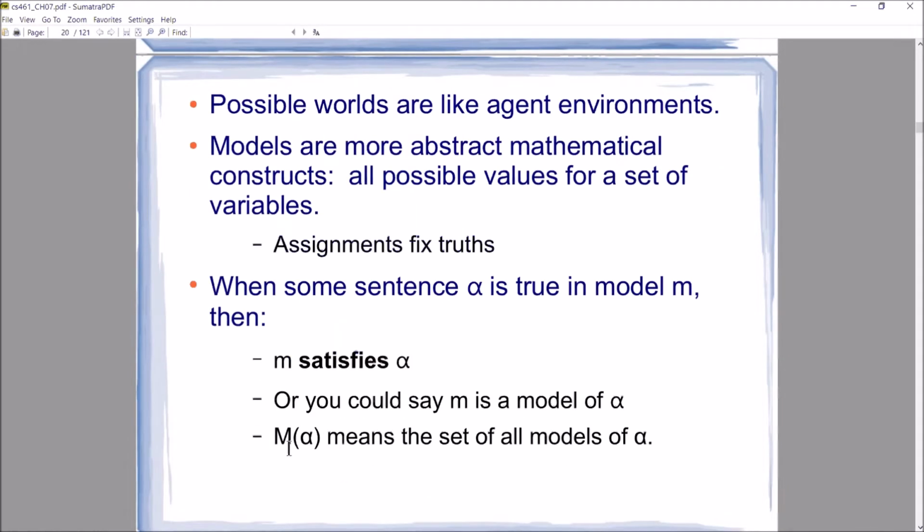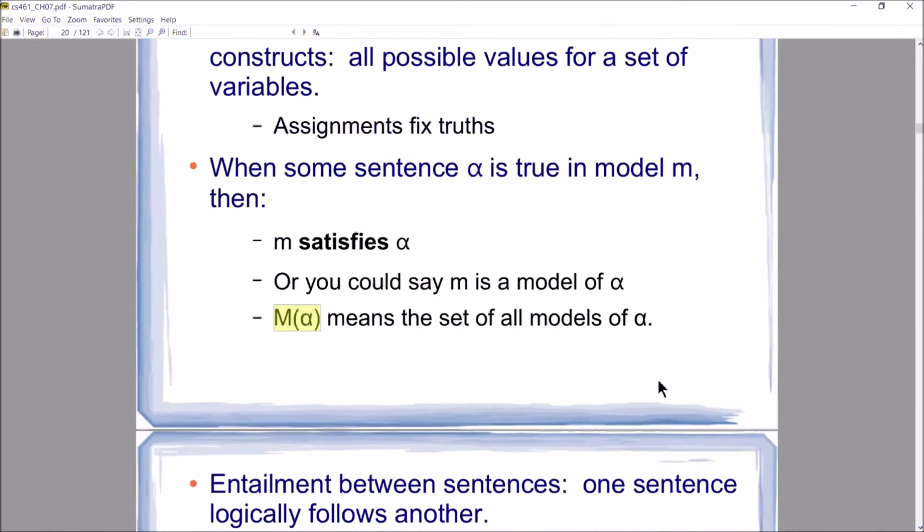Okay, so if those were all of the possible combinations of values being assigned to variables, if that was the only possibility, then this notation, M of alpha, would mean the set of all models of alpha. That refers to collectively those three combinations of values assigned to those variables.